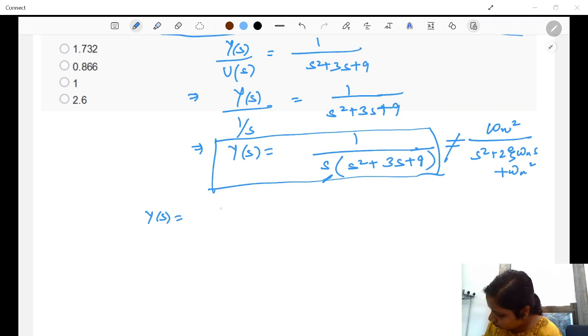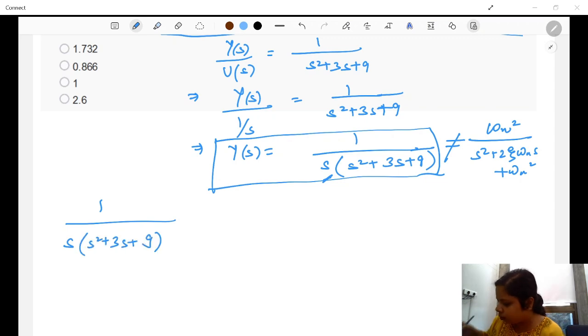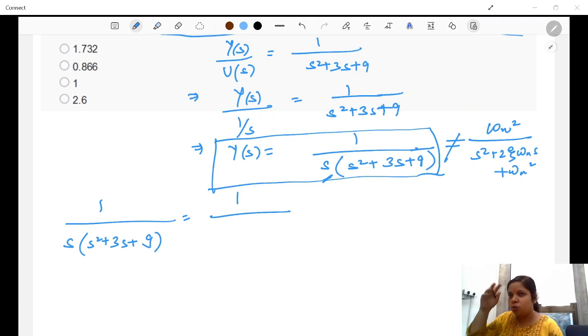Y(s) is equal to, we wrote this as 1 upon s into s square plus 3s plus 9. We know very well that we have to go into the partial fraction method, and then it has to be broken into a by one term plus b by some term plus c by some term, in all those ways.